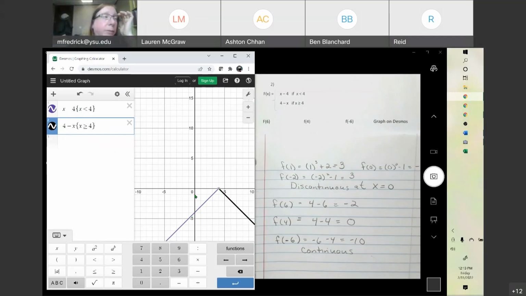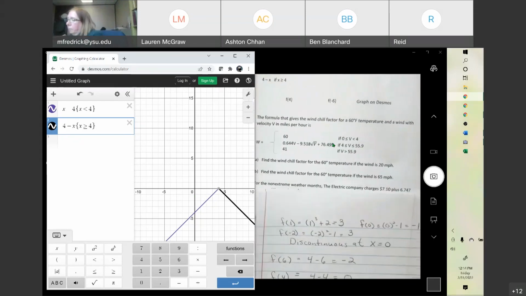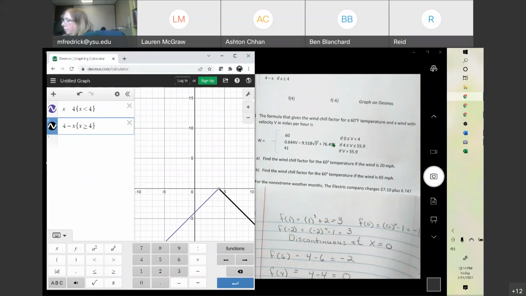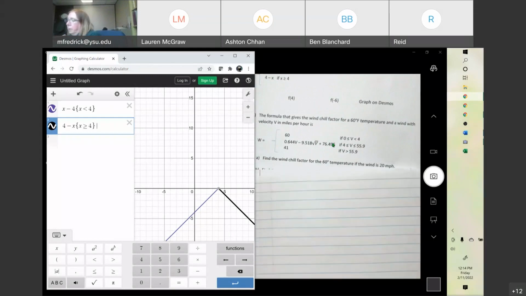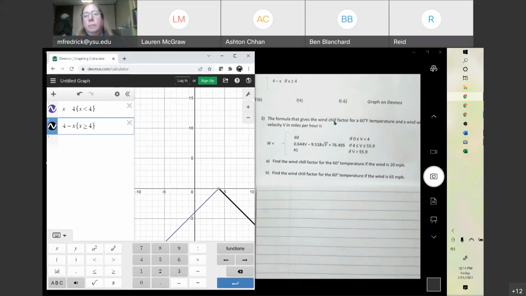Any questions on those? Number 3. Any questions on the graph?